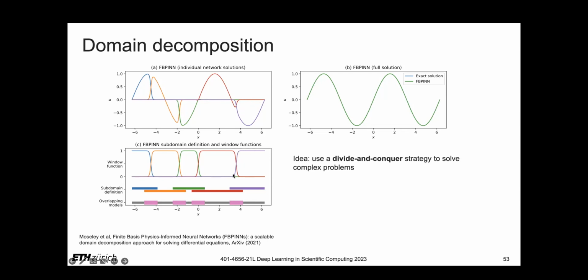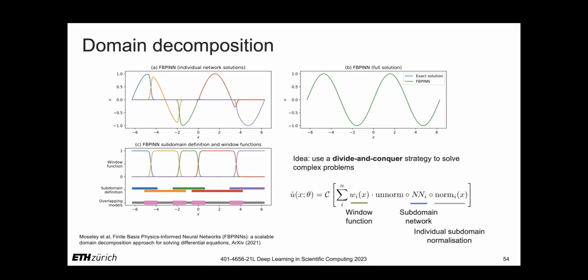That makes sure the network's solution is 0 everywhere that's not within that subdomain. If you train this domain decomposition well, the networks would learn these types of solutions, and if we sum all of these neural networks together, we get the final solution. So what does that look like mathematically?